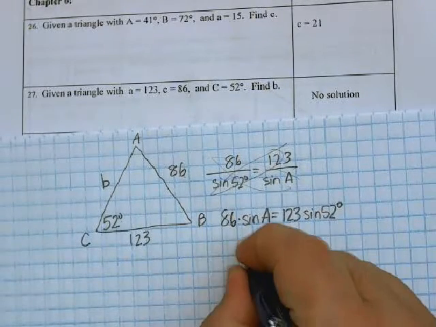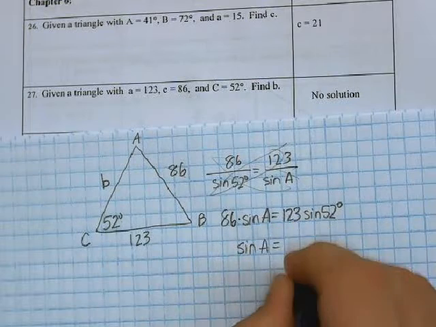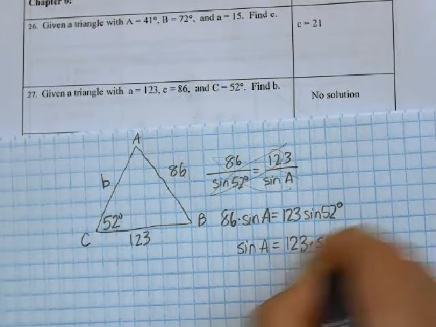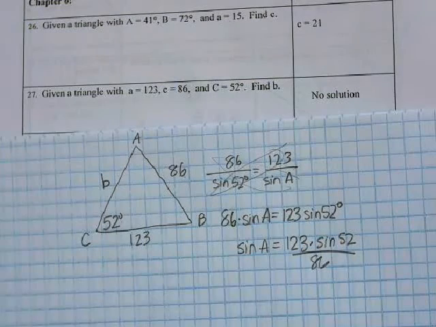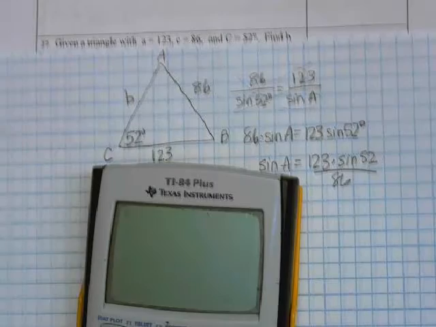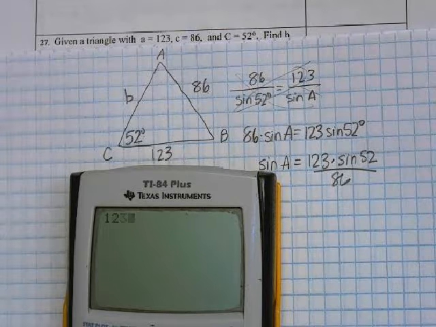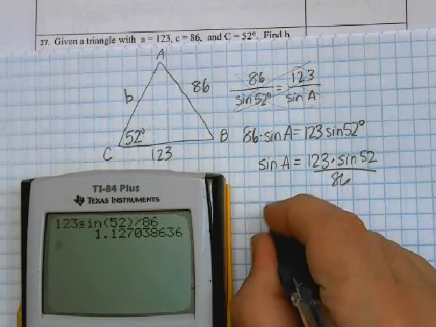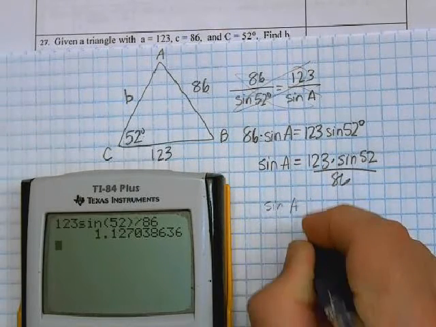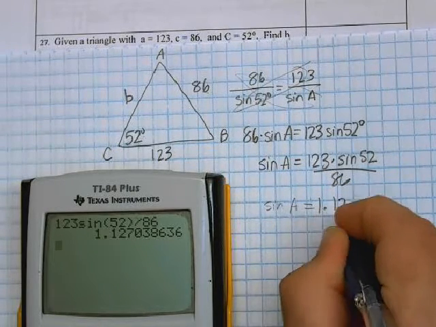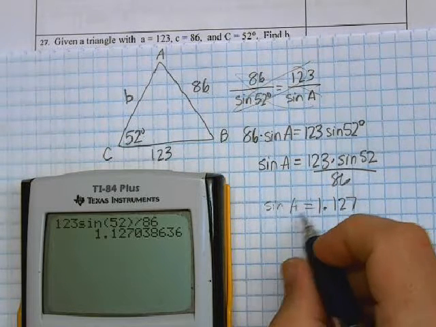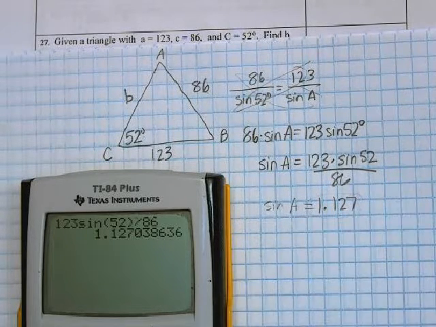So I divide both sides by 86, and that gives me sine of A. Now, normally at this point I'd take the arc sine of A to figure out angle A, but I know sine can never be more than 1.